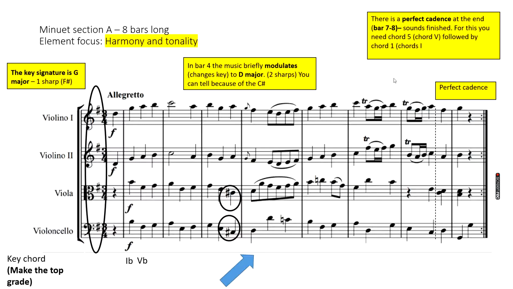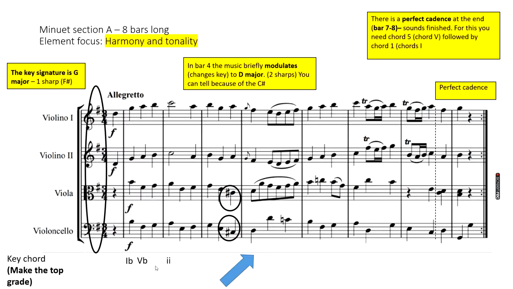Bar 1, beat 2, he's also used chord 5, first inversion. So chord 5 is D, F, A, but he's decided to put the F in the bass. Again, this can create a bit of a weak sound. So again, that's quite interesting.